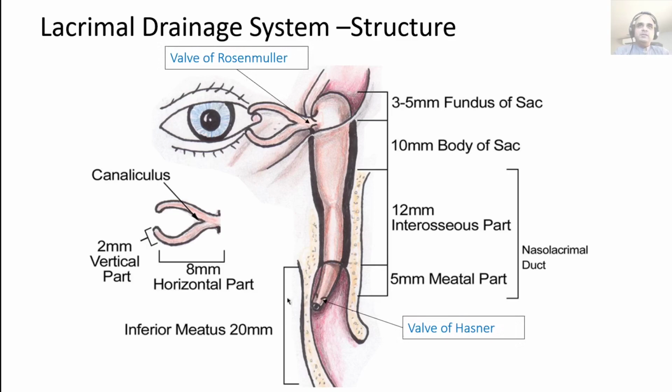The valve of Hasner is closer to the termination of the nasolacrimal duct in the nose, and the valve of Rosenmuller is where the canaliculi open into the sac. They're just like cardiac valves, and they allow only one-way flow of tears, so that there is normally no regurgitation of fluid upwards through the system into the eye.